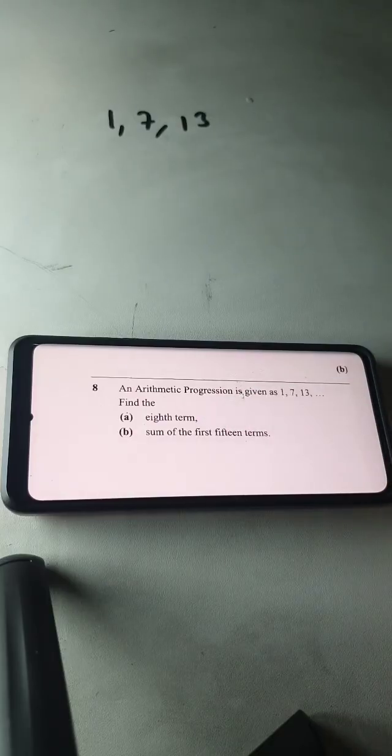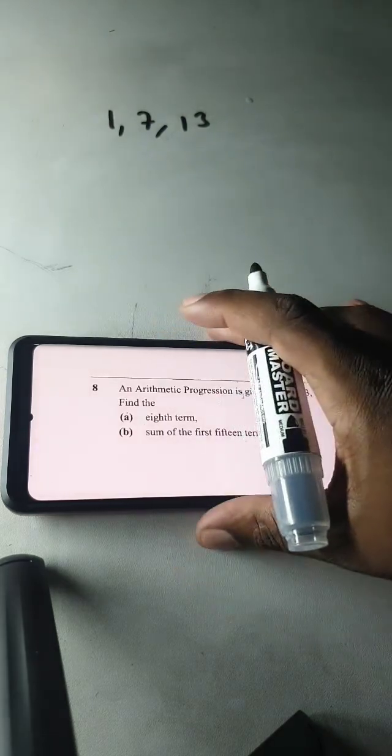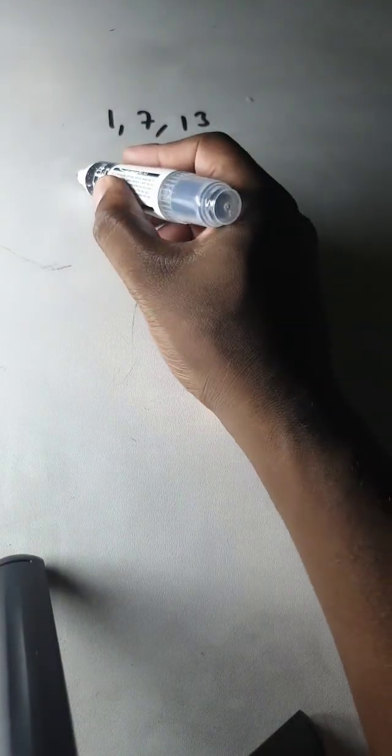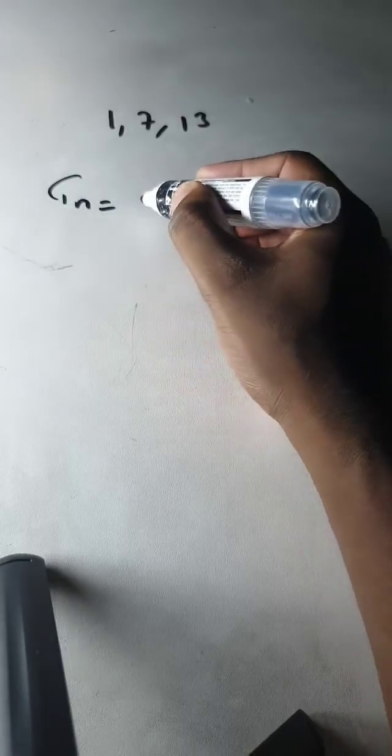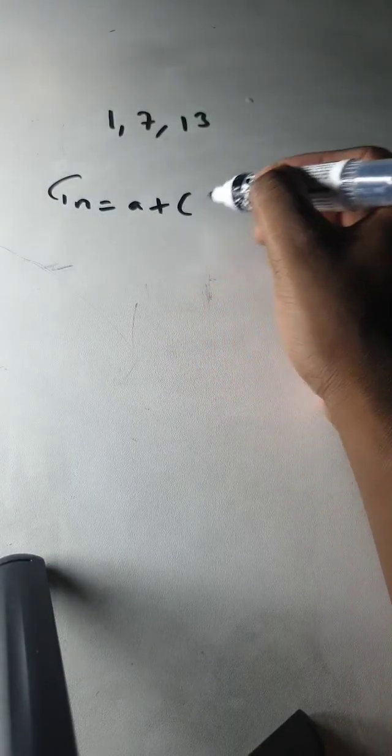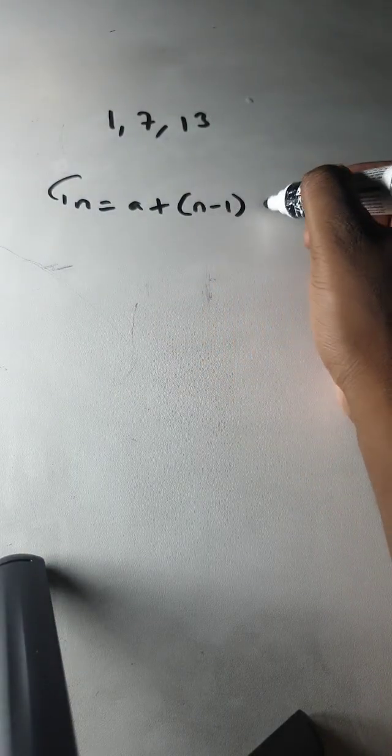An arithmetic progression is given as 1, 7, 13. Find the 80th term. For the 80th term, we use the formula for the nth term, which is the nth term is equal to a plus, open bracket, n minus 1, d.